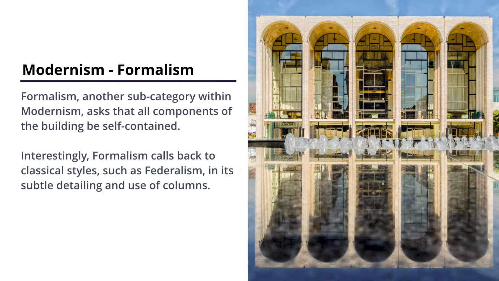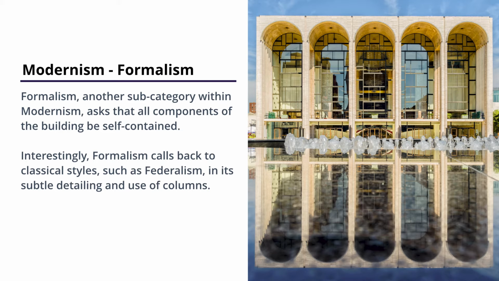An additional subcategory for modernism is formalism, which I think is really interesting in that modernism is often considered a rejection of sort of classical styles, but I think formalism is maybe embracing some of these classical styles, but with a new twist. So formalism asks that every component of the building be self-contained.